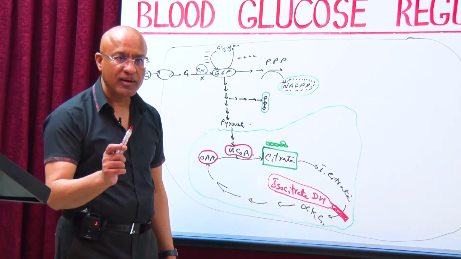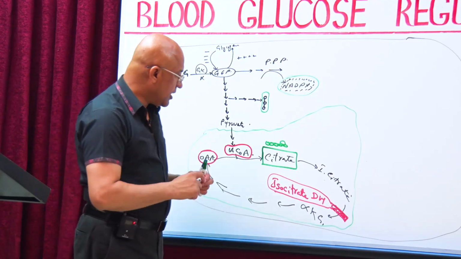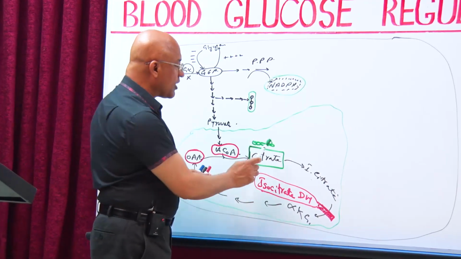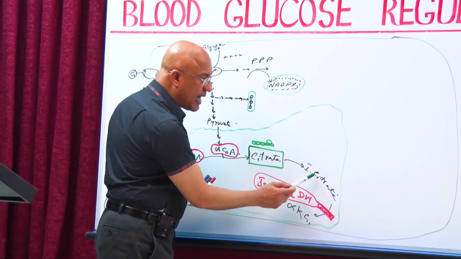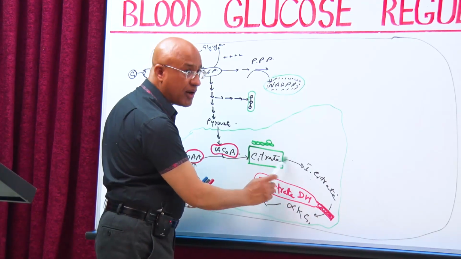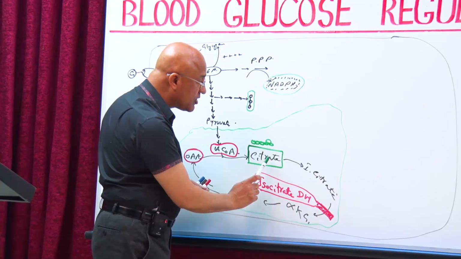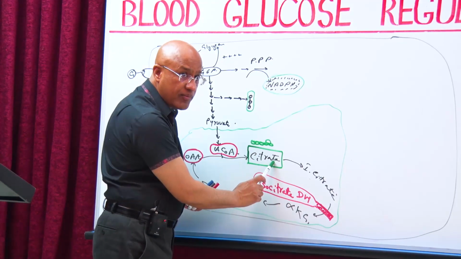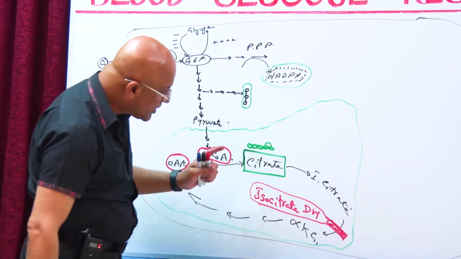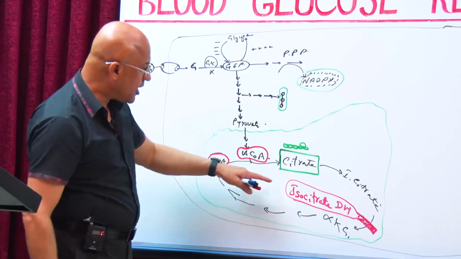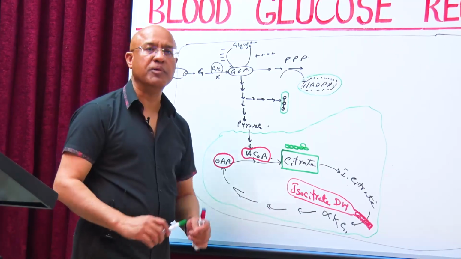Once we put a block here, isocitrate and citrate are interchangeable, and we will convert this citrate eventually into fatty acids. But how? Before that, I would love to explain how isocitrate dehydrogenase is inhibited.